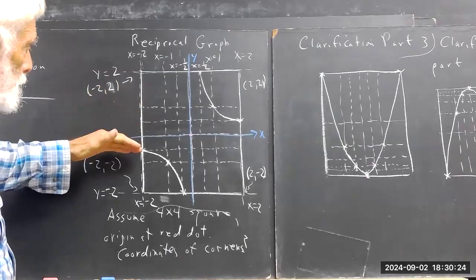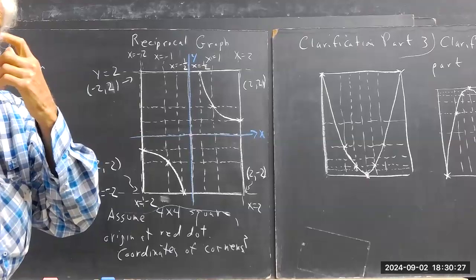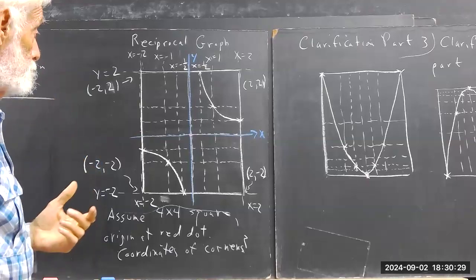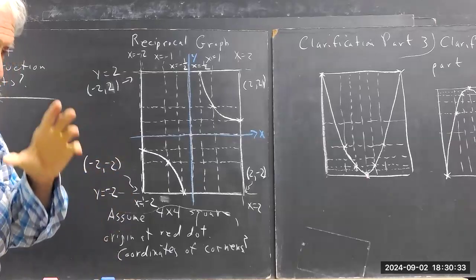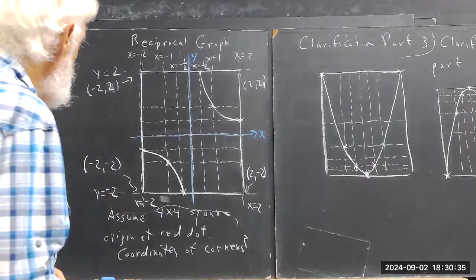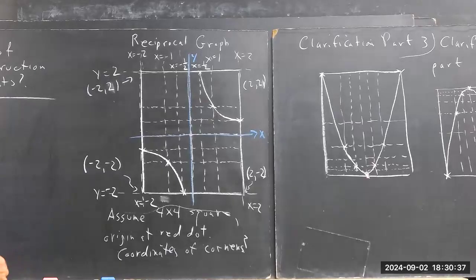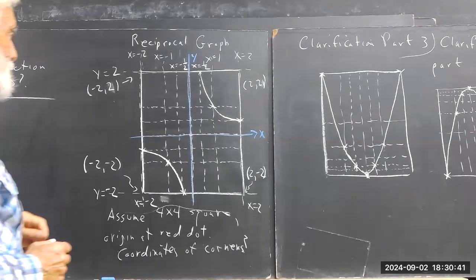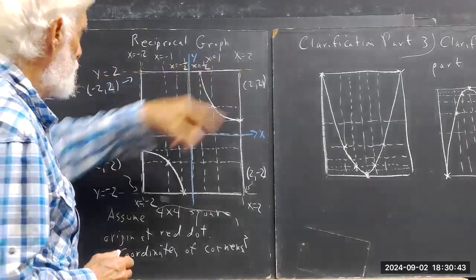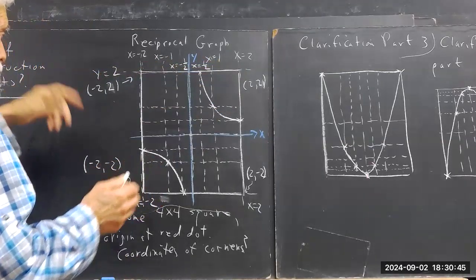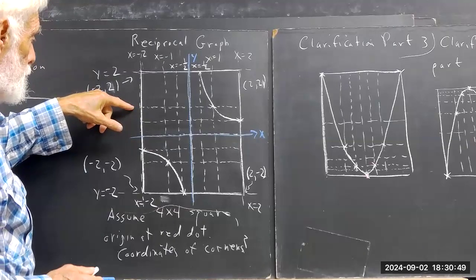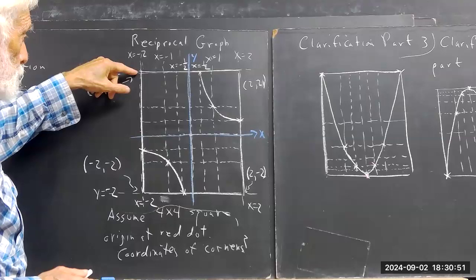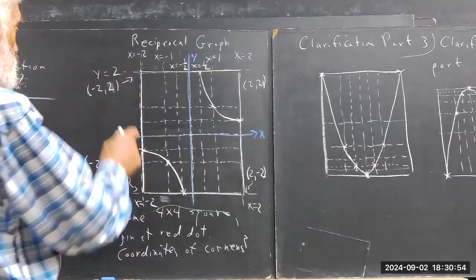How can you label the horizontal construction lines? I'm going to go on and do that, but ponder it and reason it out. If you do, maybe you're going to see that they completely mimic the x coordinates. The top construction line here is halfway between y equals 0 and y equals 2.